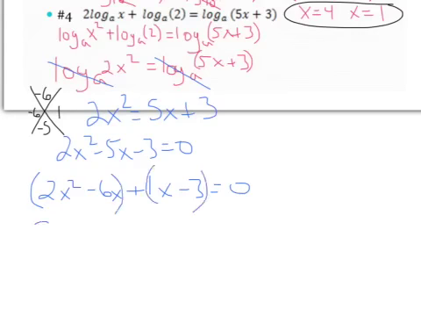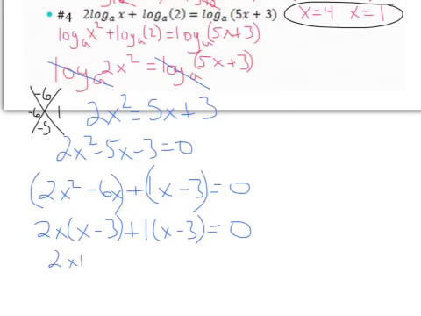Pull out my GCF, which is 2x. And now I have 2x plus 1 and x minus 3, and that equals 0. Not quite done yet. I got to solve each one.